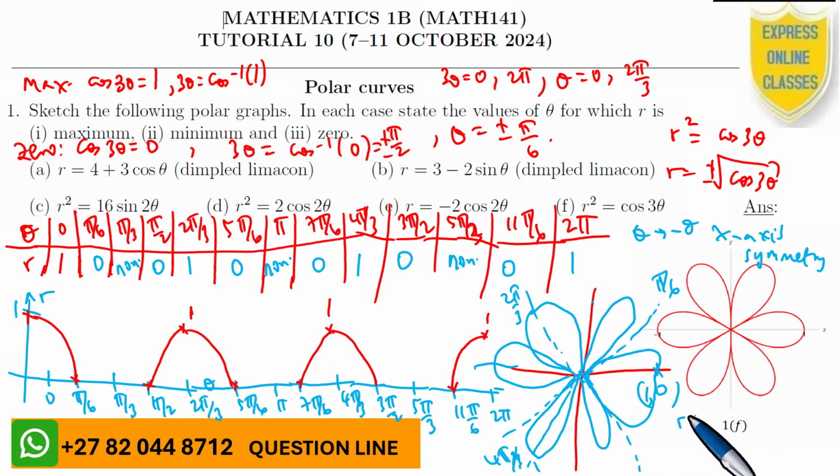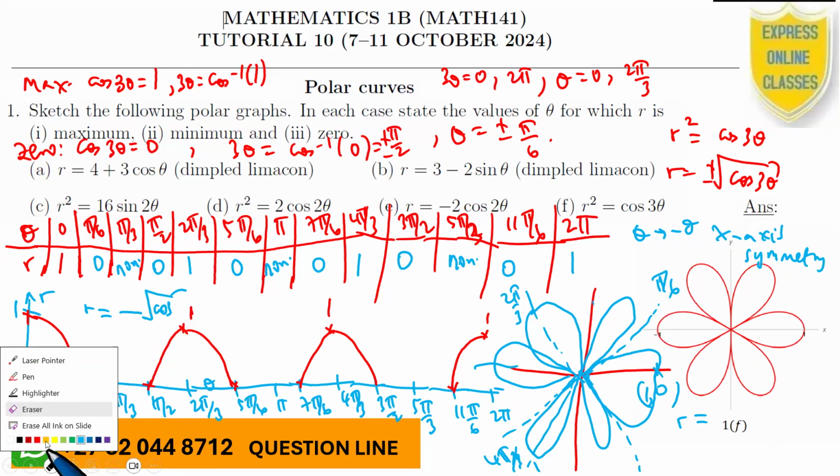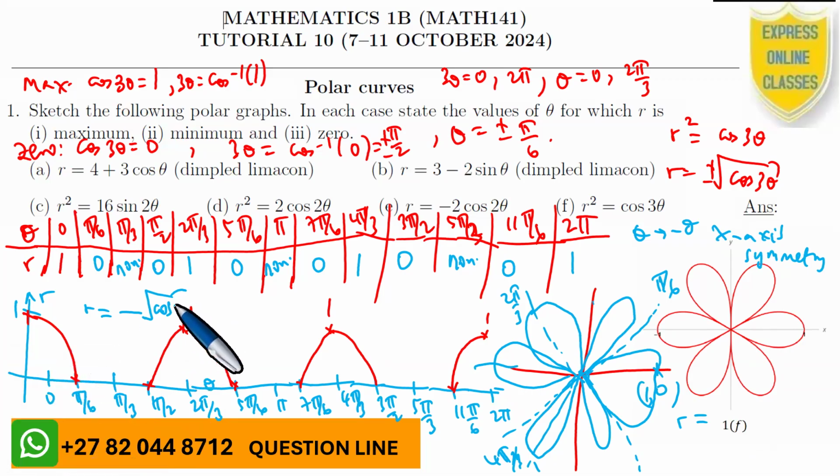In other words, we have also taken into account the graph r equals negative the square root of cosine 3 theta. But now you have exactly the following. So this is the graph of this one.